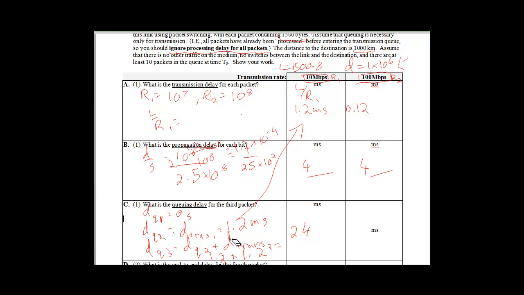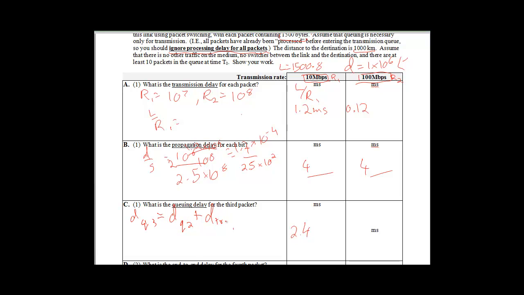So now for the 100 megabit per second case, I can just write dq3, the queuing delay for the third packet, is equal to dq2, the queuing delay for the second packet, plus d trans 2, the transmission delay for the second packet.